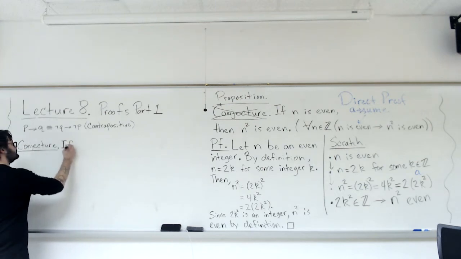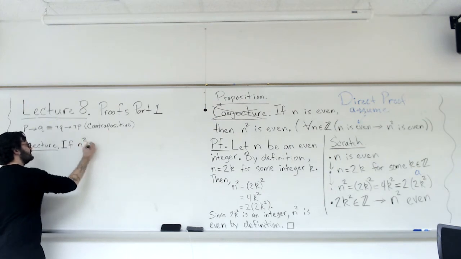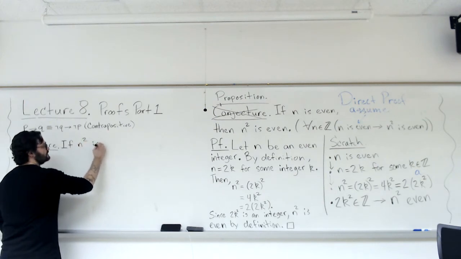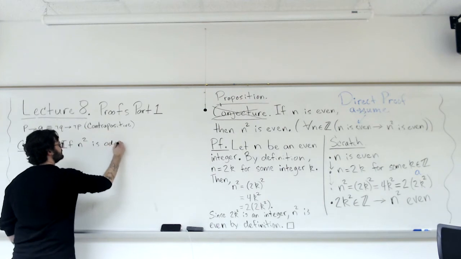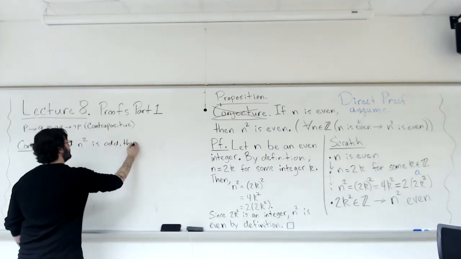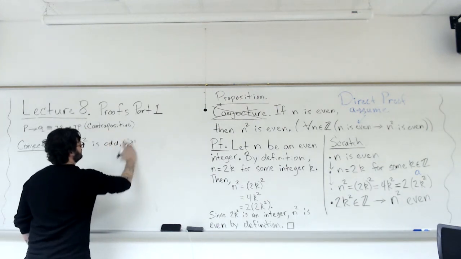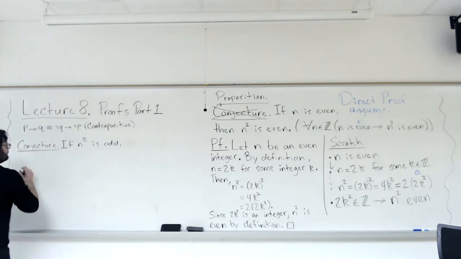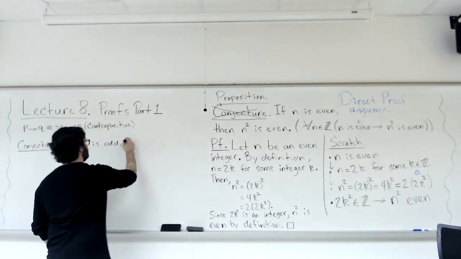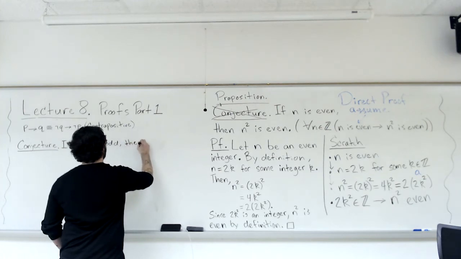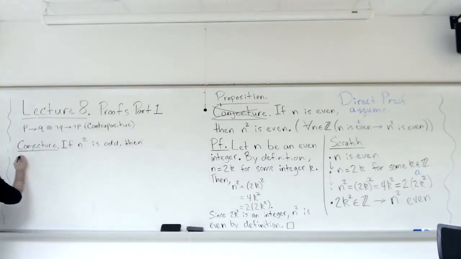If n squared is odd, then, actually, I need more room over there. No, I'll erase that. Then n is odd.